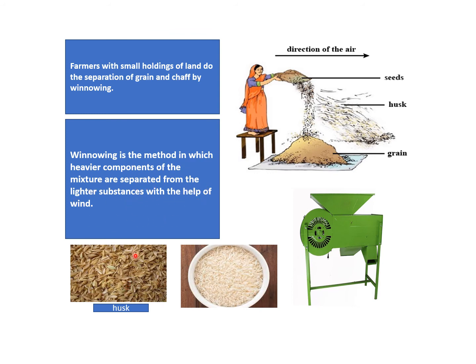So this is the husk, the outer covering of the grains, and these are the rice. Apart from this manual method, there are also winnowing machines which are used for separating the chaff from the grain. So these were the harvesting methods.